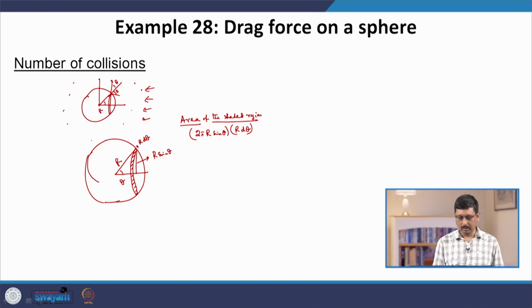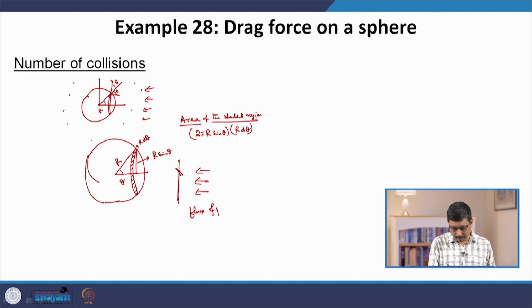However, this is a slanted area. What we need is the projection in the vertical direction, because what the particle will see as the area is determined by the flux. These particles consist of a flux of particles.